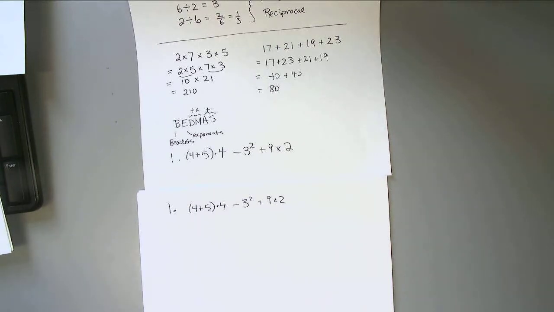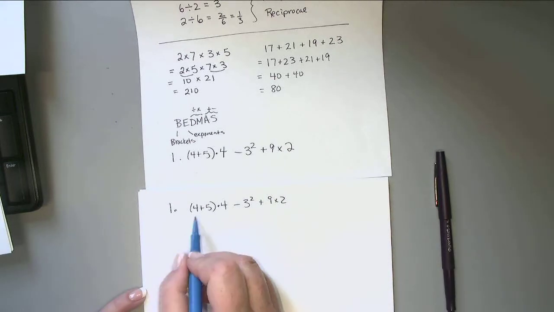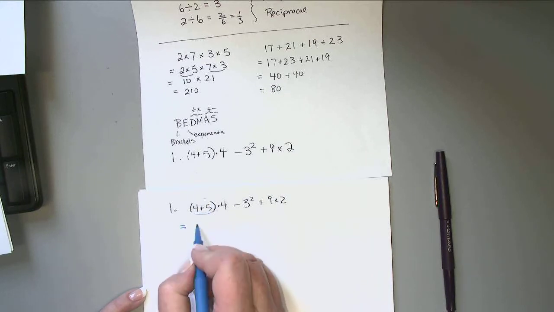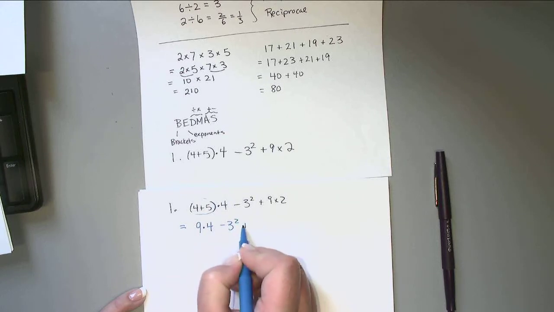Okay, so let's use order of operations to solve this. So I'm going to circle what we're going to do first. Any brackets, we're going to do brackets first. So that would be here. So we're going to put an equal sign, and we're going to do this bracket first, which will give us 9, and then you rewrite everything else exactly as it is.